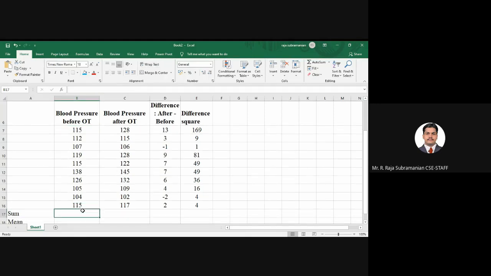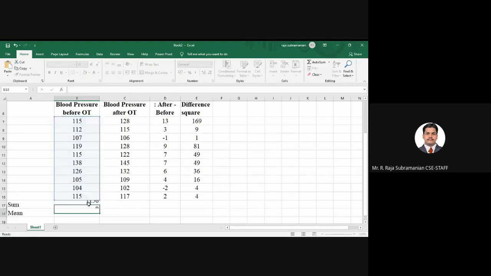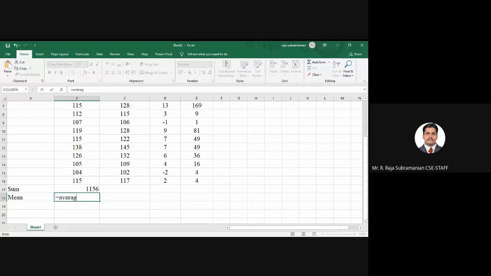I put the formula equal to sum of all these values. Similarly, I take the average, that is the mean of all these values.